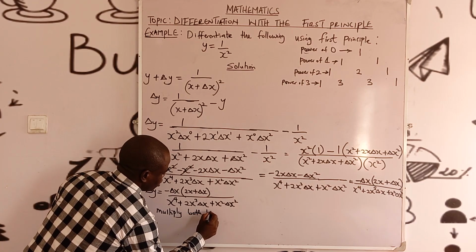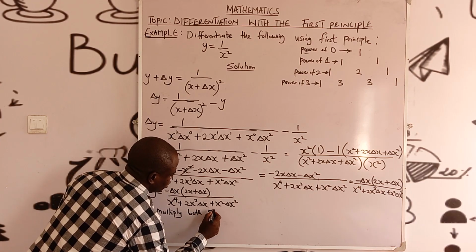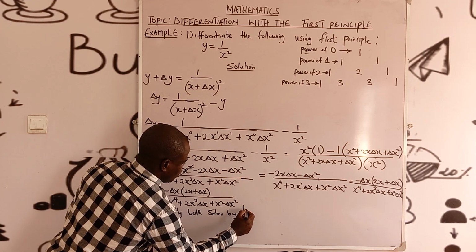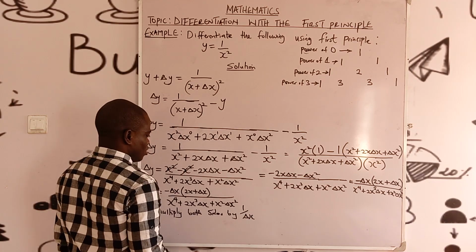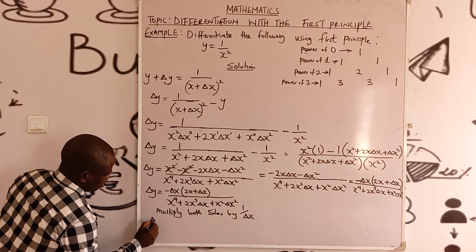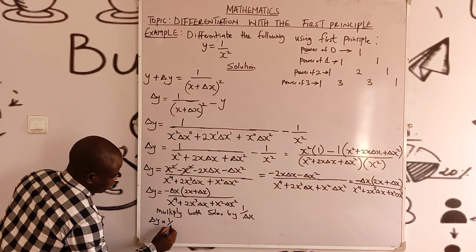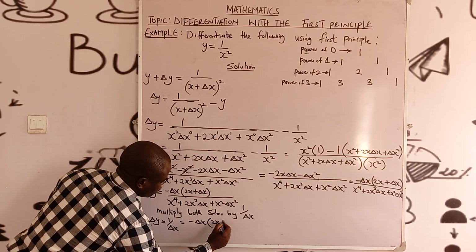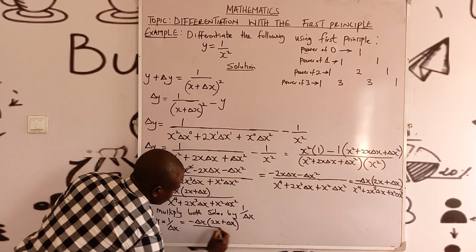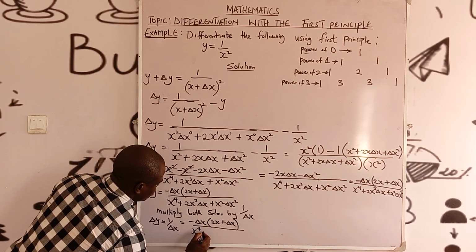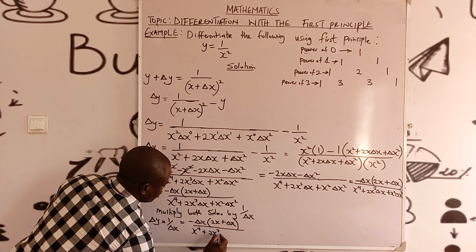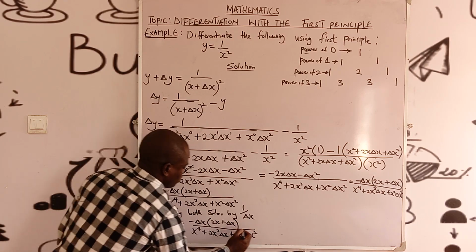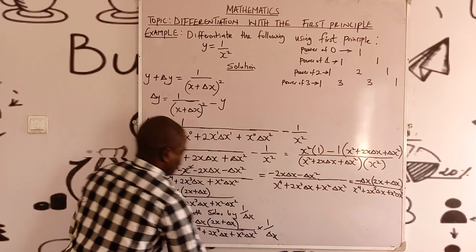both sides by 1 over dx. When you do that, you're having dy times 1 over dx equals minus dx open bracket 2x plus dx over x raised to power 4 plus 2x raised to power 3 dx plus x squared dx squared multiplied by 1 over dx.